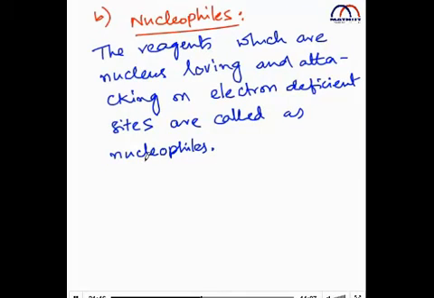Okay. Now again, these nucleophiles are two types: negative nucleophiles and neutral nucleophiles. Always nucleophiles are electron rich species. They will contain some extra electrons, or definitely they will contain at least one lone pair of electrons. One point let me tell you, this is one of the characteristic features of all nucleophiles.